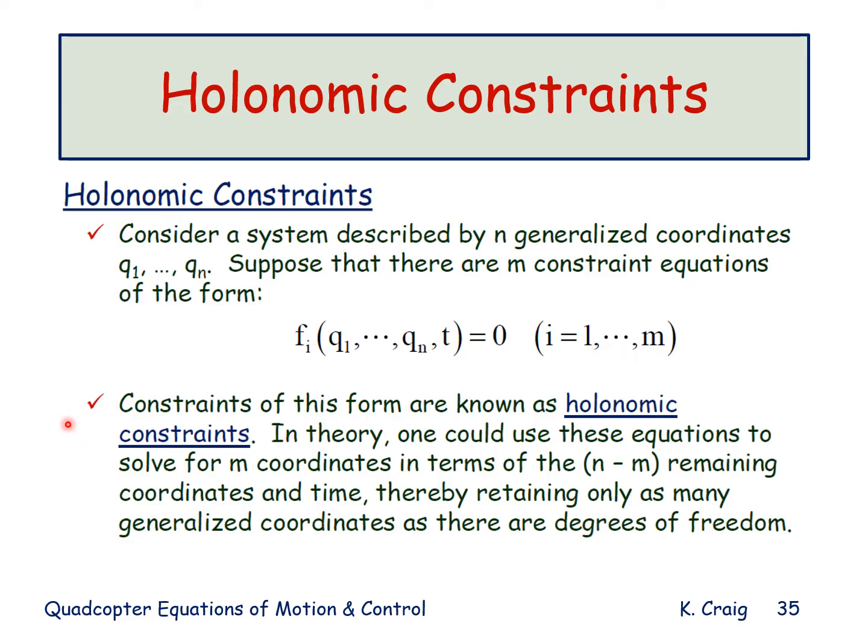Constraints of this form are known as holonomic constraints. In theory, one could use these equations to solve for m coordinates in terms of the n minus m remaining coordinates and time, thereby retaining only as many generalized coordinates as there are degrees of freedom.